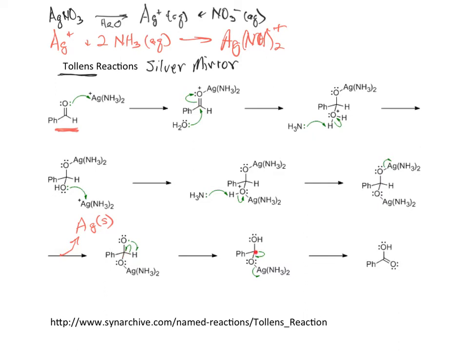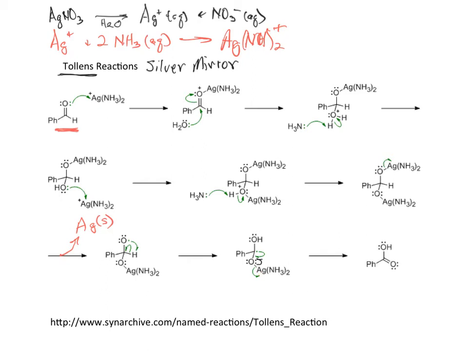But this free radical can share its electron. It can take one electron from this bond, the silver ion can take the other electron.